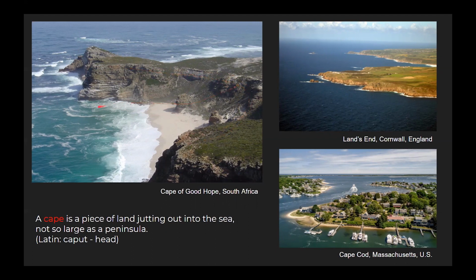And so the ocean here eroded away the sandstone and left behind whatever harder rock was there. So we have a hard rocky cape here because most of the sandstone got washed away. And then up here we have Land's End in Cornwall, England. Beautiful, beautiful cape. I don't have much more information about that one.